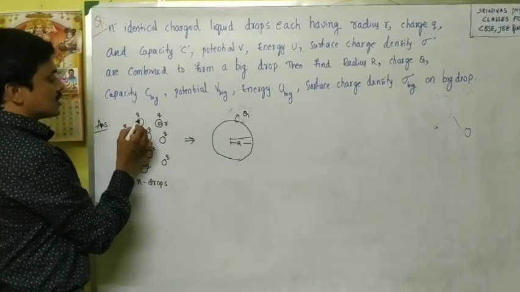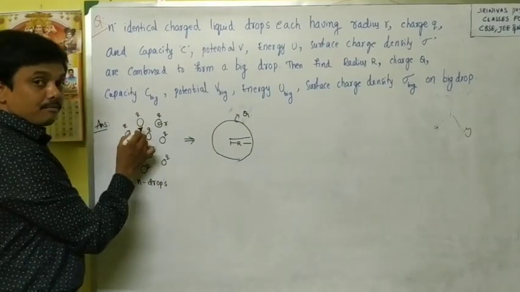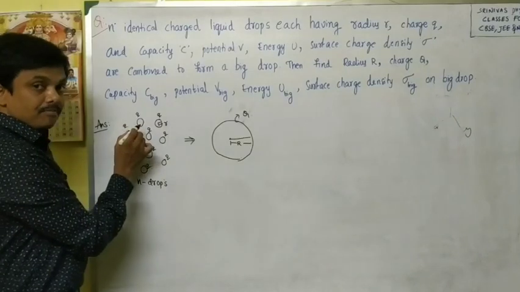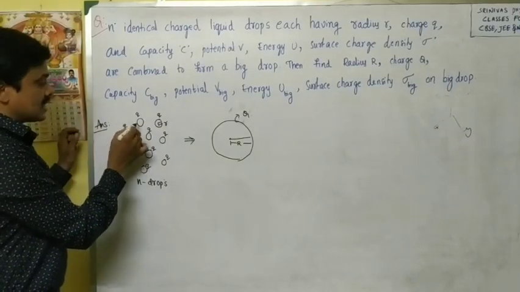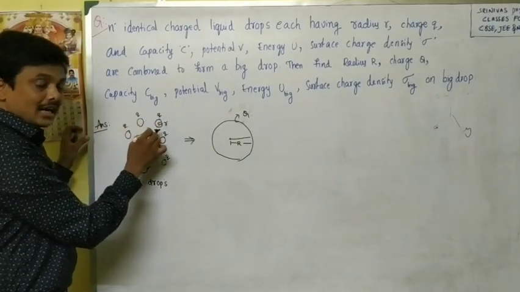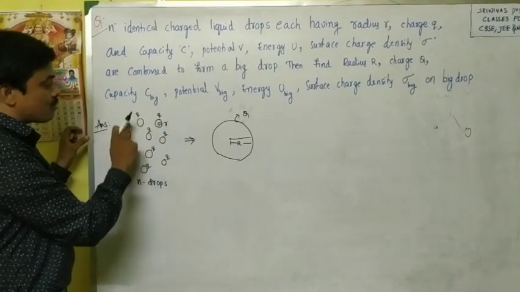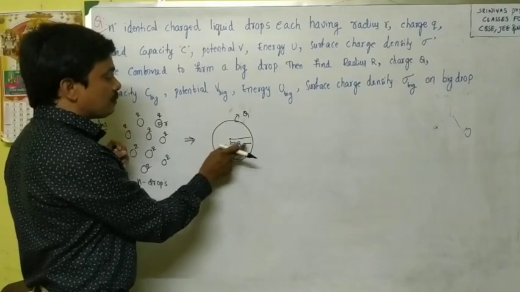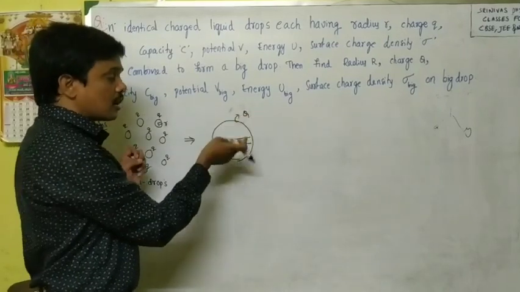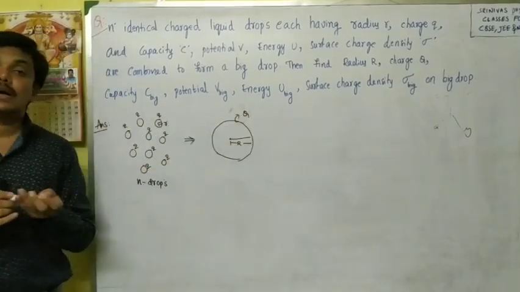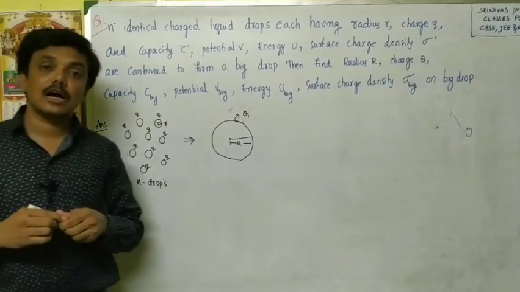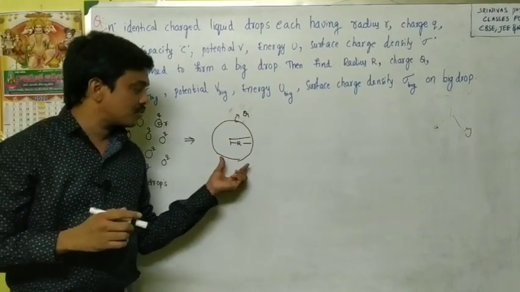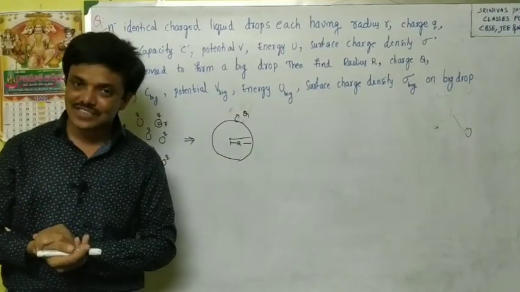The radius, charge, potential, capacity, energy and surface charge density of the small drop are given, and when these n smaller drops are combined to form a bigger drop, we have to find the bigger drop's radius, charge, potential, surface charge density and capacity. That's all. This is our question.